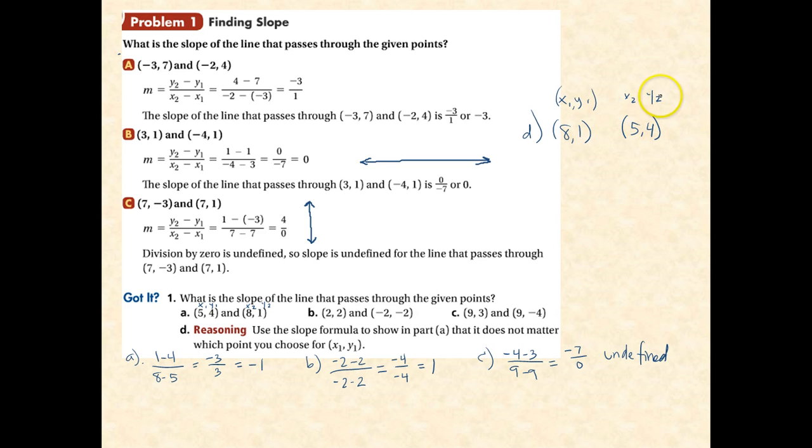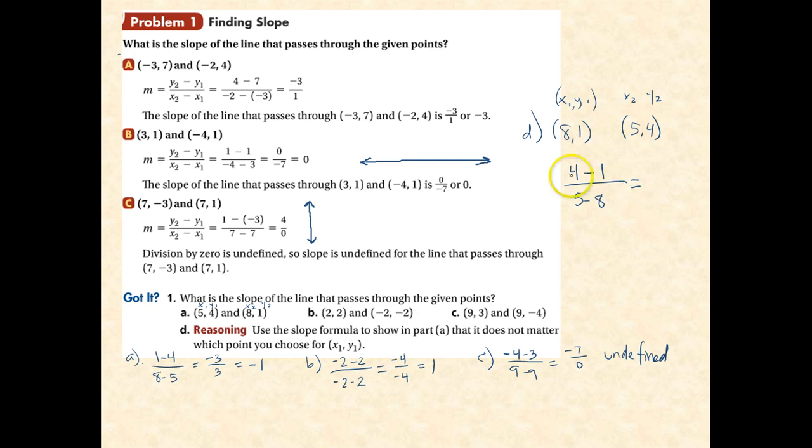So that means we're going to do y2 minus y1, that's 4 minus 1, over x2 minus x1, which is 5 minus 8. If you look down here, you'll notice that it's just the reverse of what we had here. Instead of 1 minus 4 over 8 minus 5, it's 4 minus 1 over 5 minus 8.